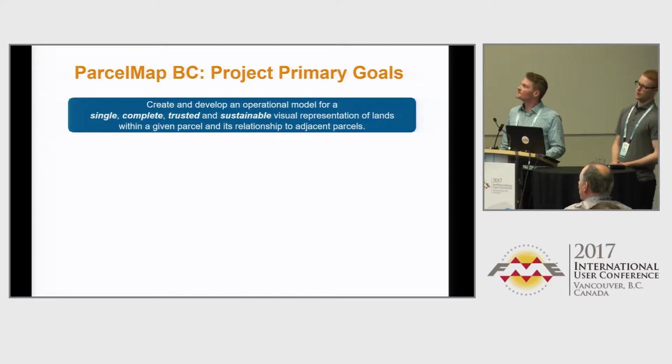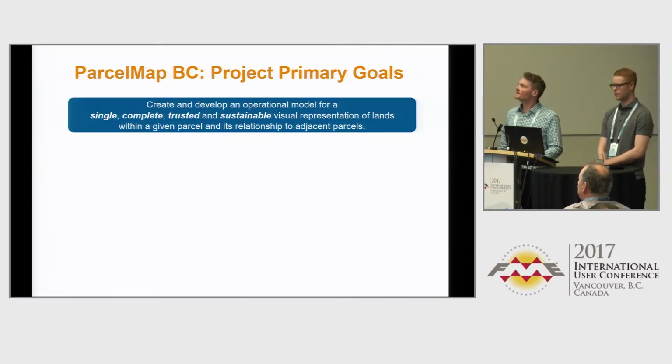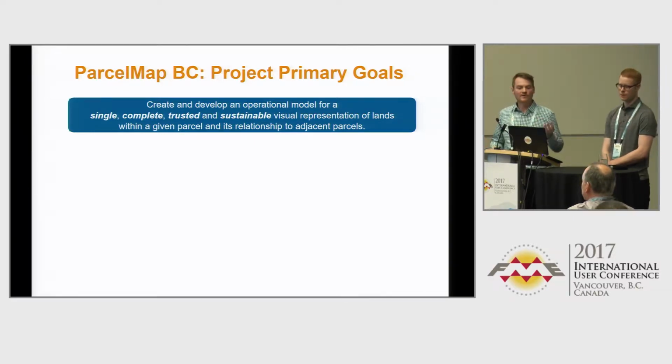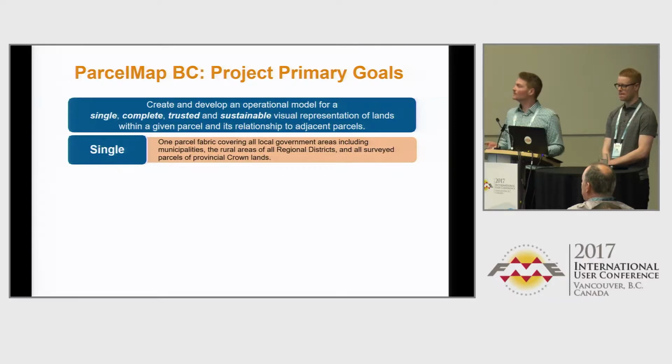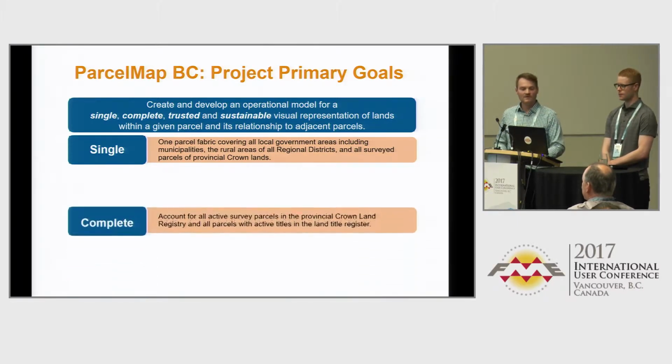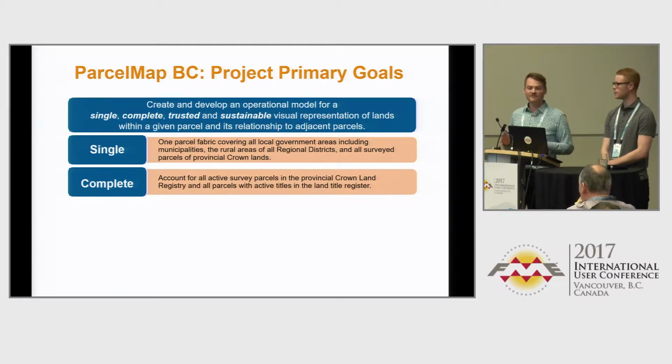So what is this ParcelMap BC? Basically, it's a representation of the land base of British Columbia. There's 4 real pillars that we're striving to work towards, and that it's single, meaning it's one cadaster for the entire province. That includes coverage on every municipality, all regional districts, and rural areas. It's complete, so it's an active account of all surveyed parcels in the Land Title Register and the Crown Land Registry.